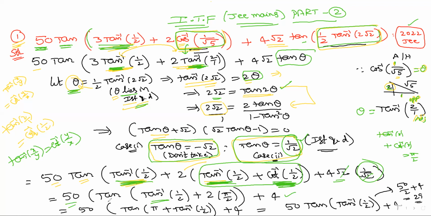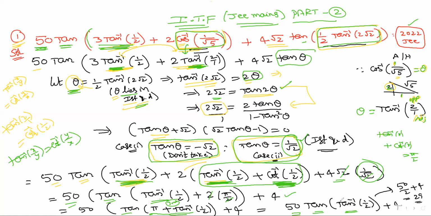So 50 times tan of tan inverse 1 by 2 plus 2 times pi by 2, plus 4. Tan of 180 plus theta is tan theta. Here 180 plus theta lies in the third quadrant, where tan is positive. So 50 times tan inverse of 1 by 2 plus 4.